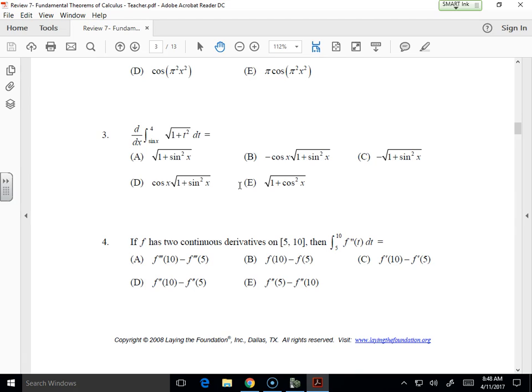So it's going to be negative and then just plug in sine, except, do you guys remember FTC part 2, if you go from A to U? It's going to be f of U times U prime. So what's our correct answer? B. We need the negative for flipping the bounds, I need sine being plugged into t, and I need times U prime, the derivative of sine, which is cosine.